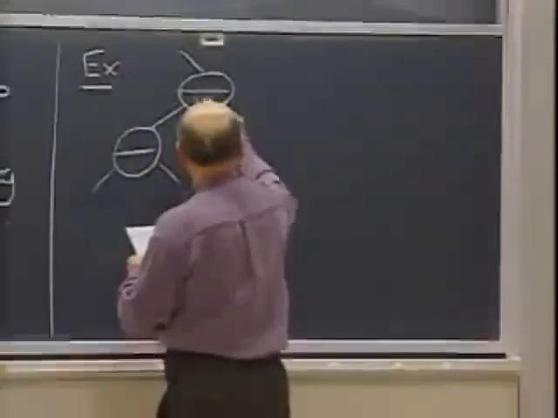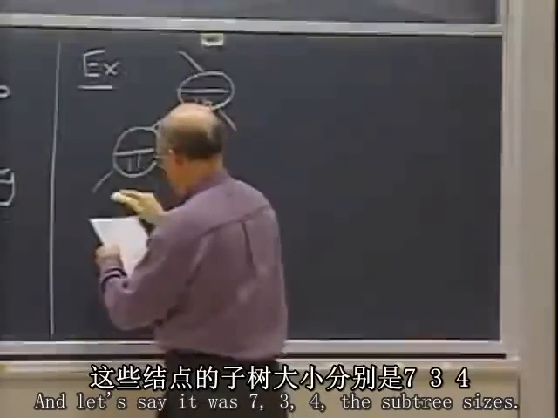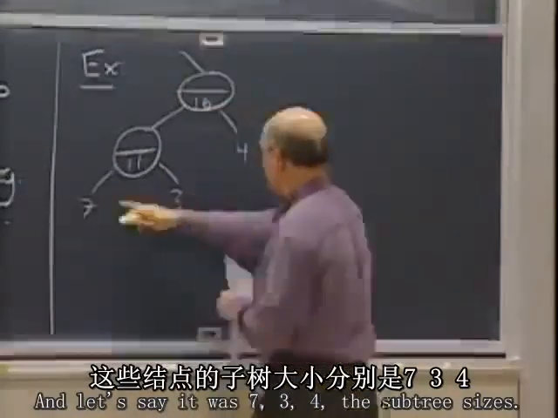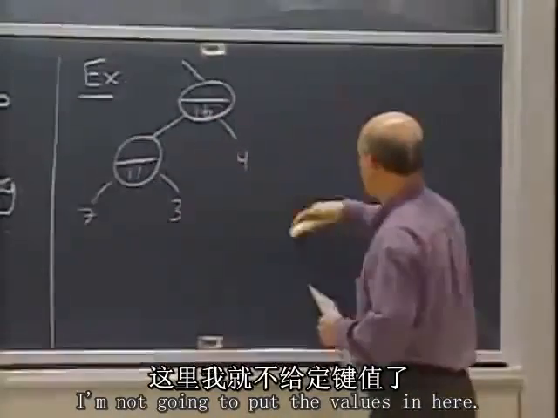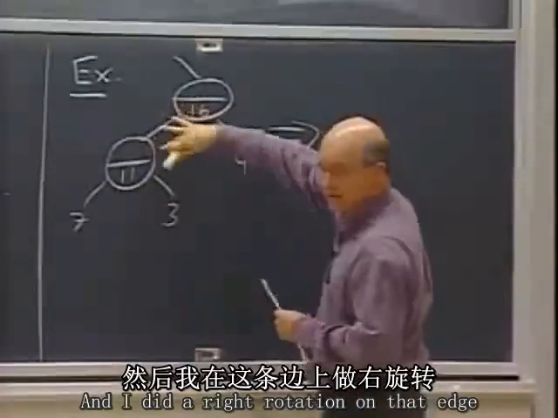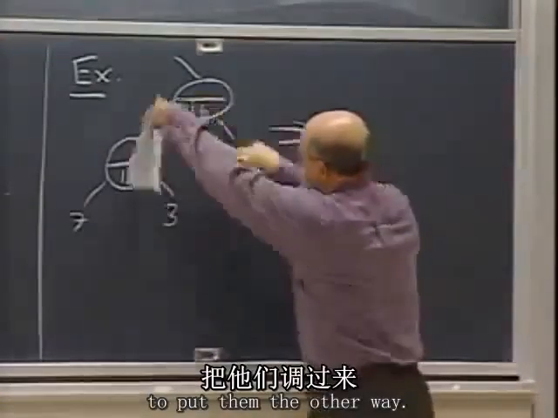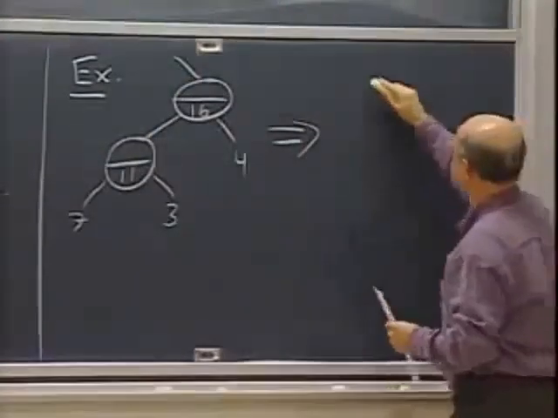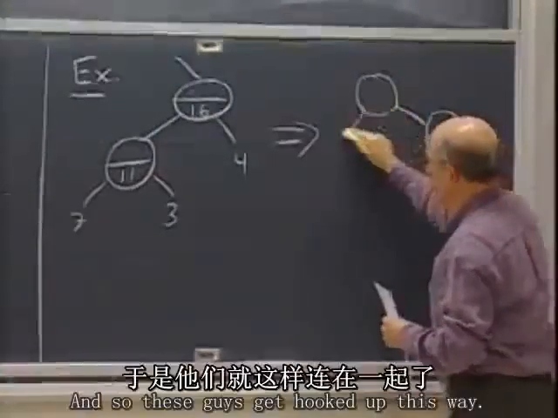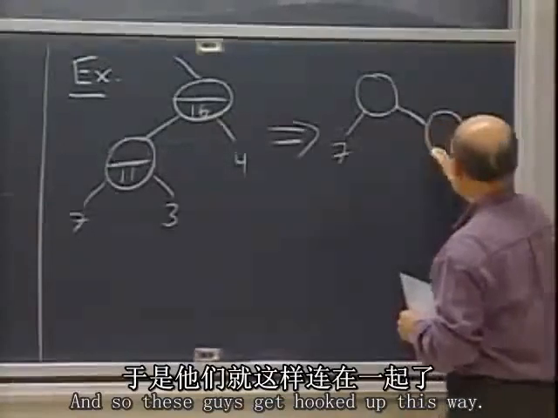And let's say 7, 3, 4 are the subtree sizes. I'm not going to put the values in here. And I did a right rotation on that edge, to put them the other way. And so these guys get hooked up this way.